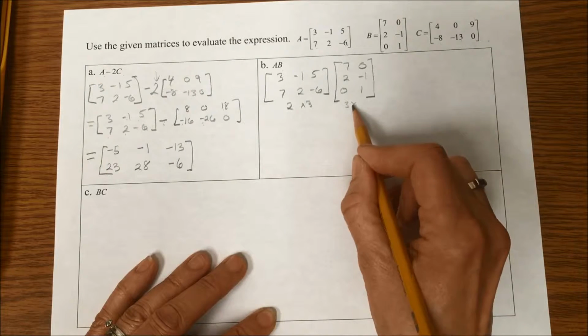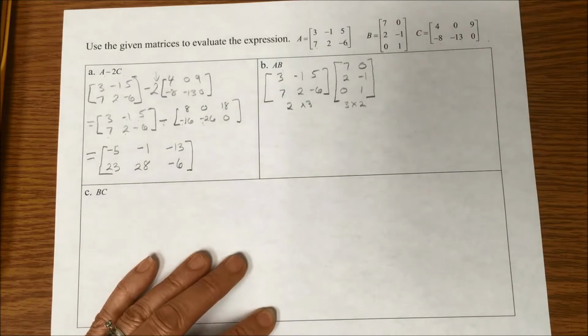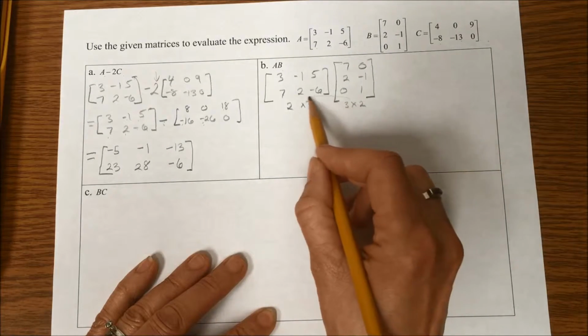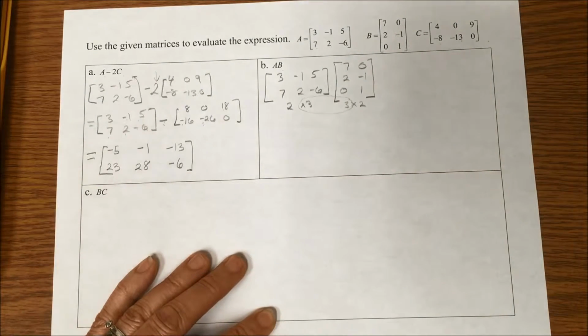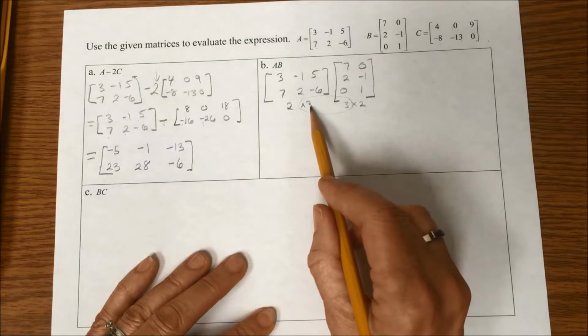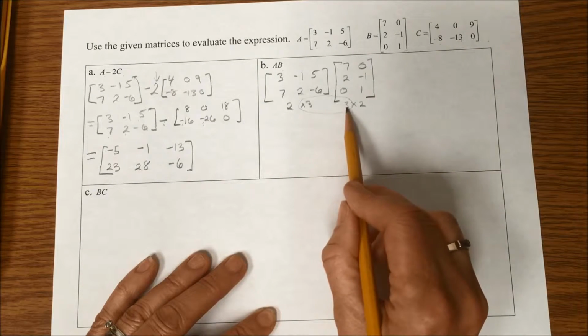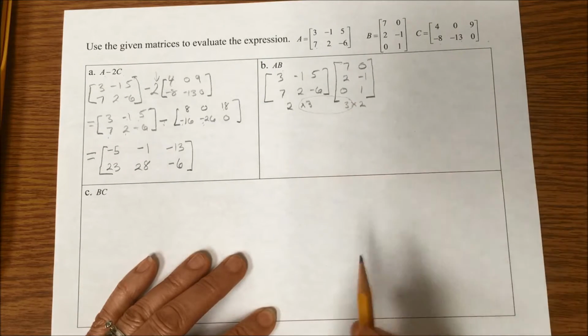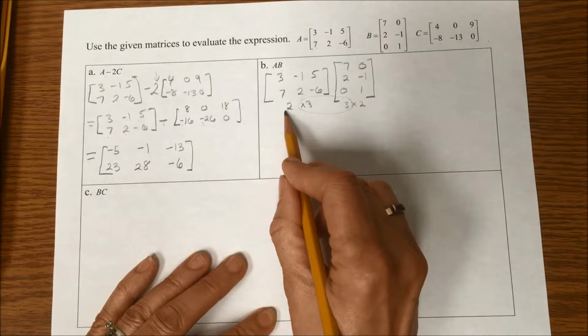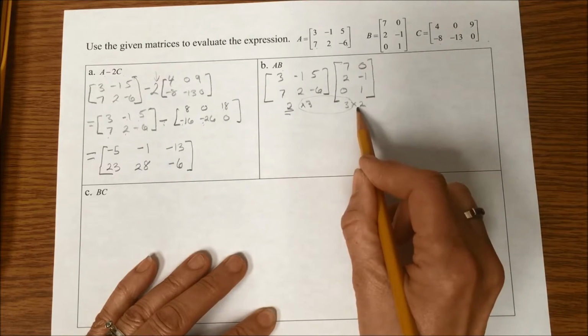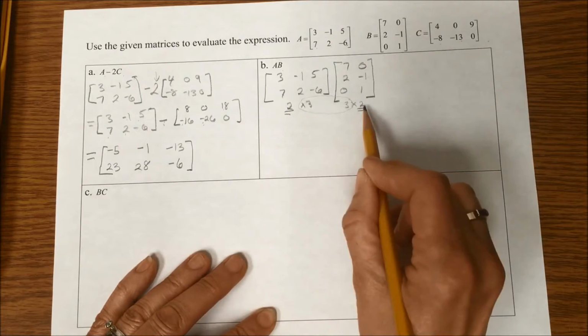This one is a 3 by 2 matrix. To be able to multiply matrices, these middle numbers have to match. And since they do, that means we are allowed to do this multiplication. You can also see, if you use the outside numbers, the resulting matrix is going to end up being a 2 by 2.